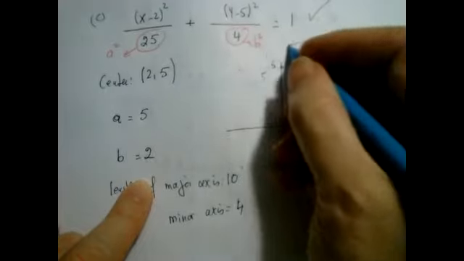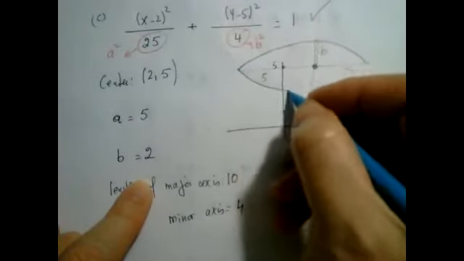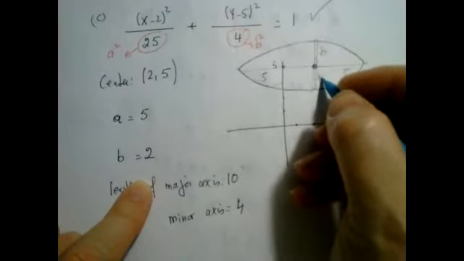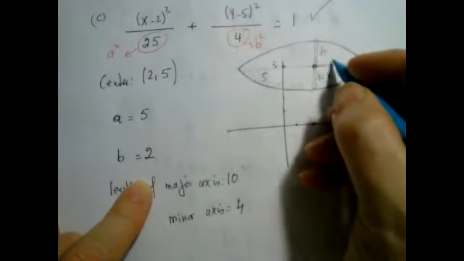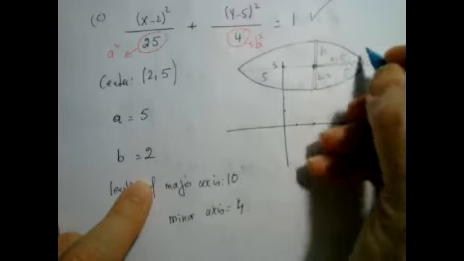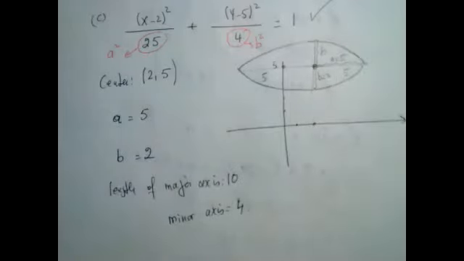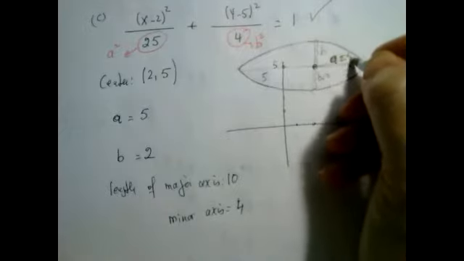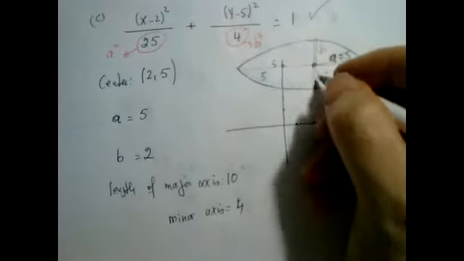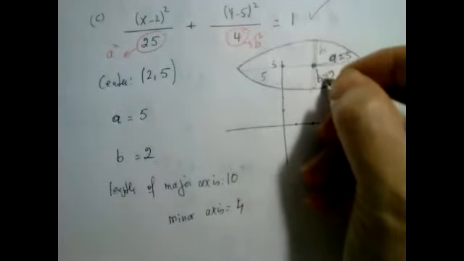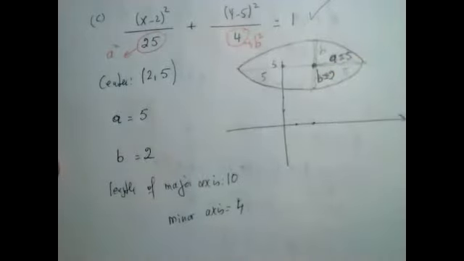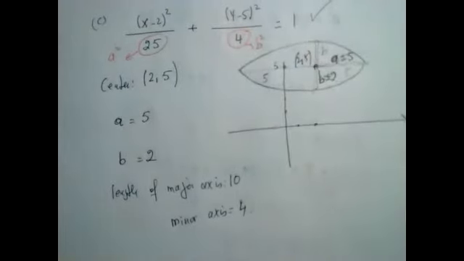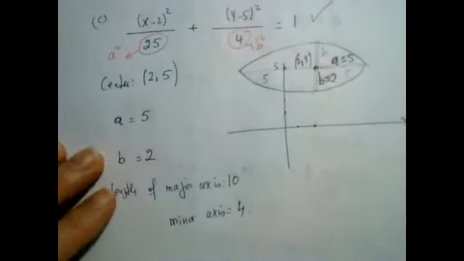And finally, this is my ellipse. This is the B, which is 2, and this is the A, which is 5. That's the center, which is 2, 5. So that's the basic form of the ellipse.